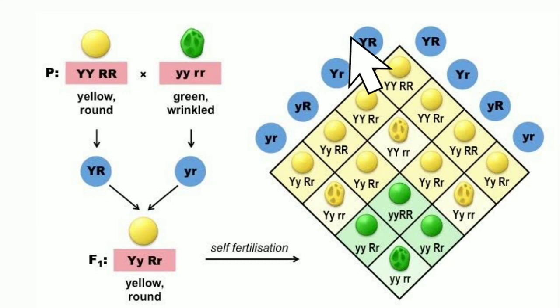Then comes the third, and then small y small r, which when fused with capital Y capital R yields the individual capital Y small y, capital R small r.